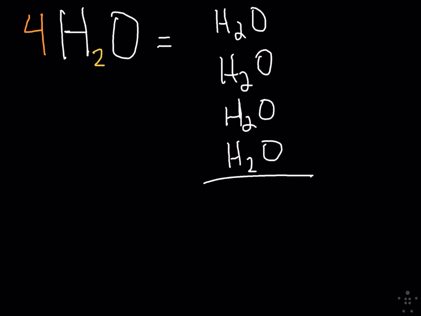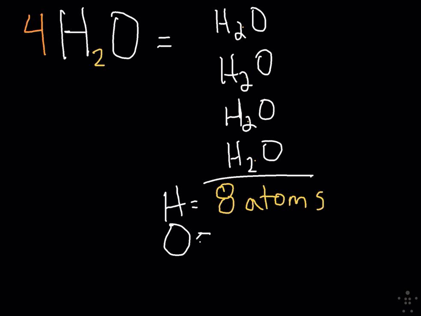So now if you were to add all these up, I know that I have a total of H's. How many total hydrogen atoms do I have? So I would just count. And you can do the math in your head, or you can do it on paper. So 2, 4, 6, 8. I have 8 hydrogen atoms. Okay? But I'm not done, because now I have to do oxygen. And because oxygen has no numbers next to it, that means there's just a 1.